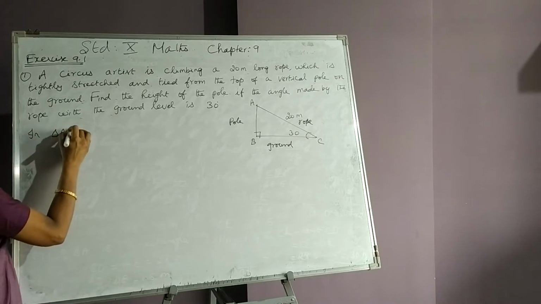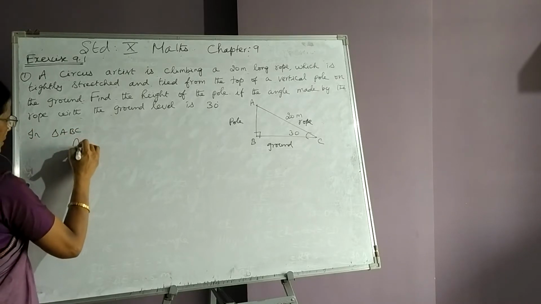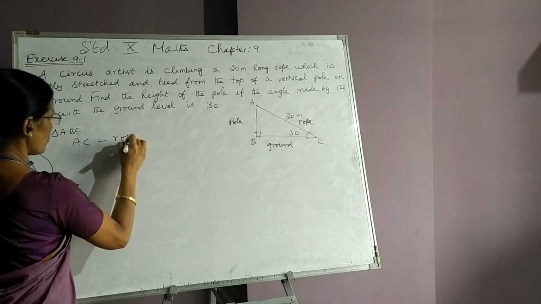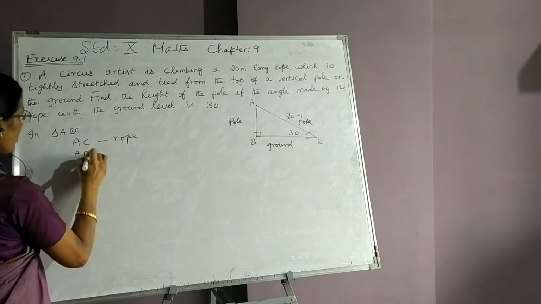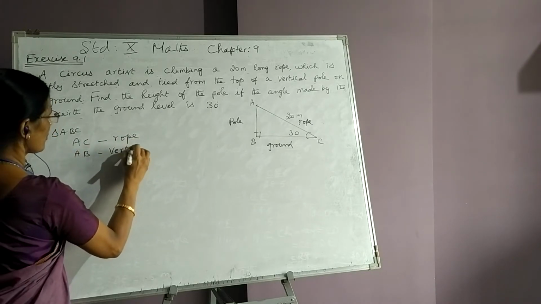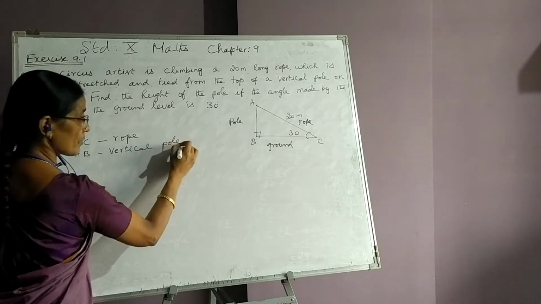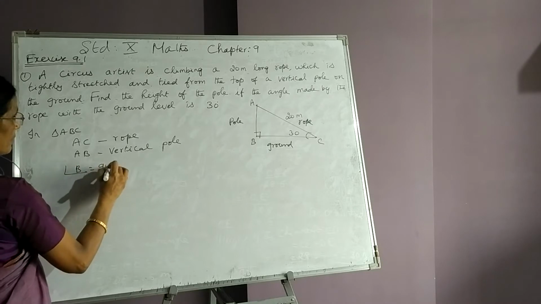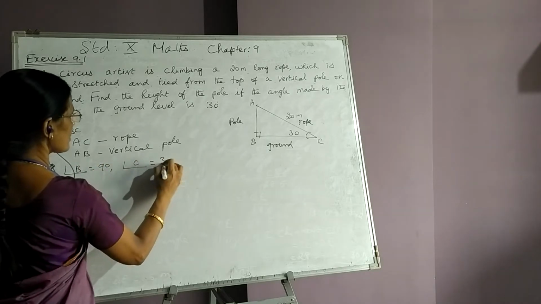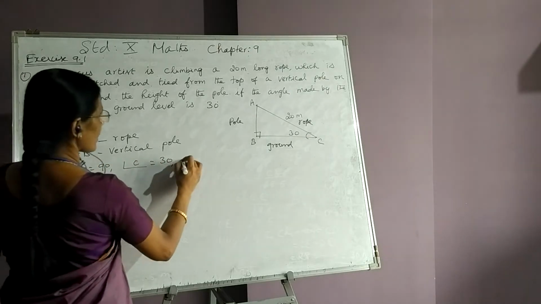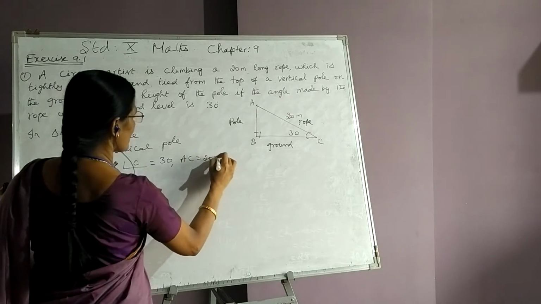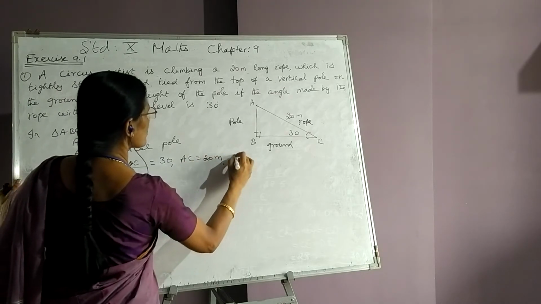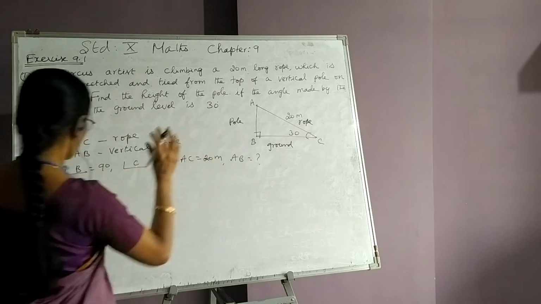In triangle ABC, AC represents the rope, AB is the vertical pole, angle B is 90 degrees, angle C is 30 degrees, AC is given as 20 meters. The question is to find out AB.